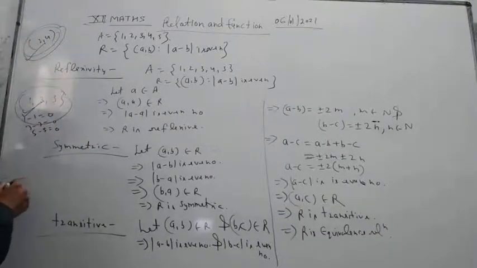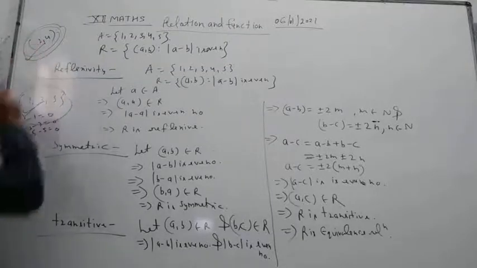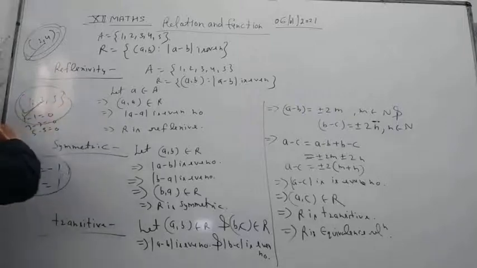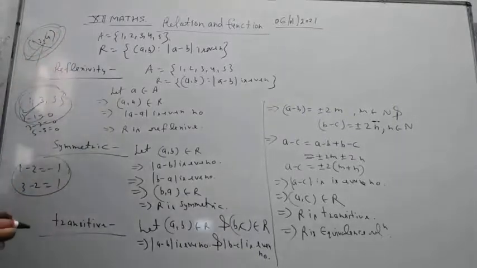But when we are checking the difference of this set to this set, 1 minus 2 is minus 1, 3 minus 2 is 1. So we are finding that the element of this set is not related to the element of this set.